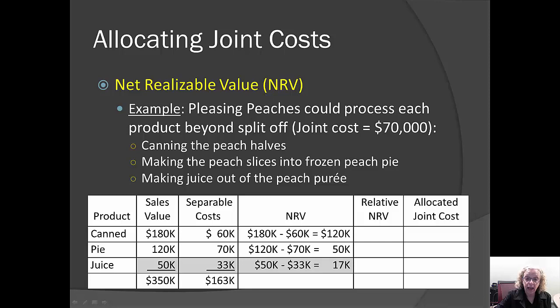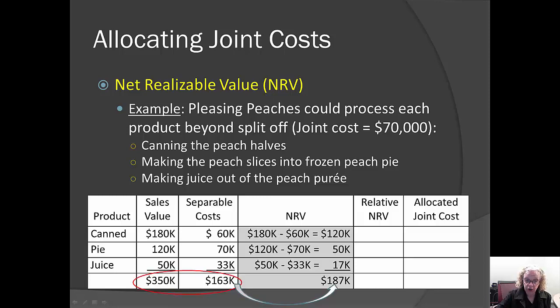We can now add up the net realizable value for each of these products and use each product's proportion out of the total to allocate the $70,000 of joint cost that was necessary to get up to the point where we had peach halves, peach slices, and peach puree.